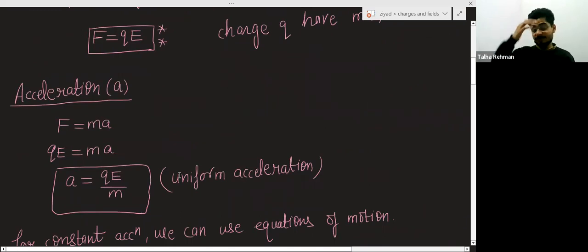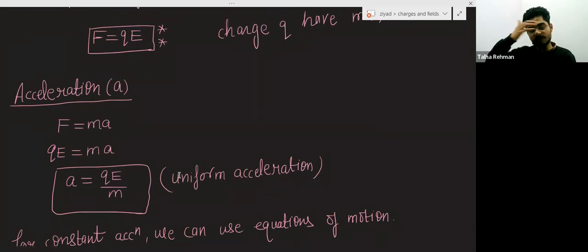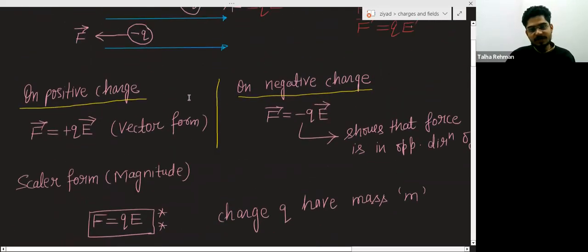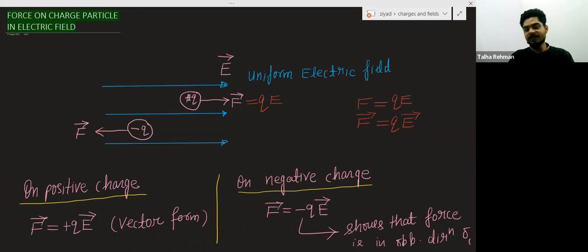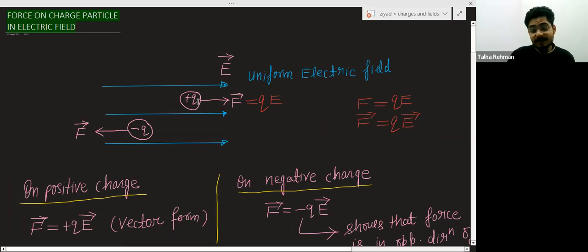After that, some mechanics will be involved. If the charged particle is in the electric field, there will be an electric force on that particle. And this charged particle certainly has mass also.